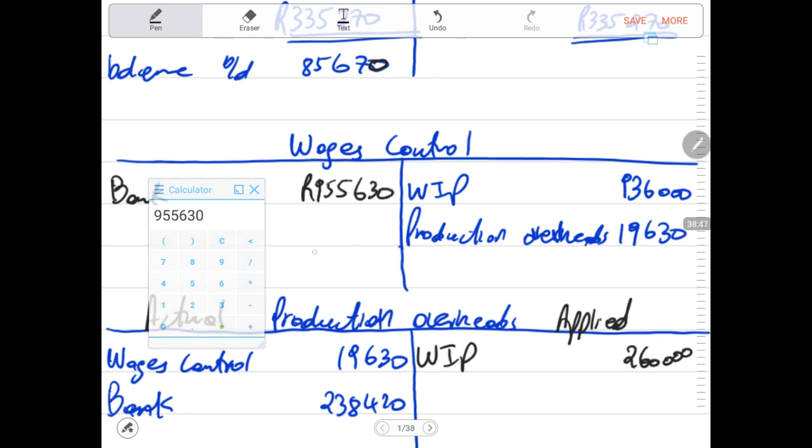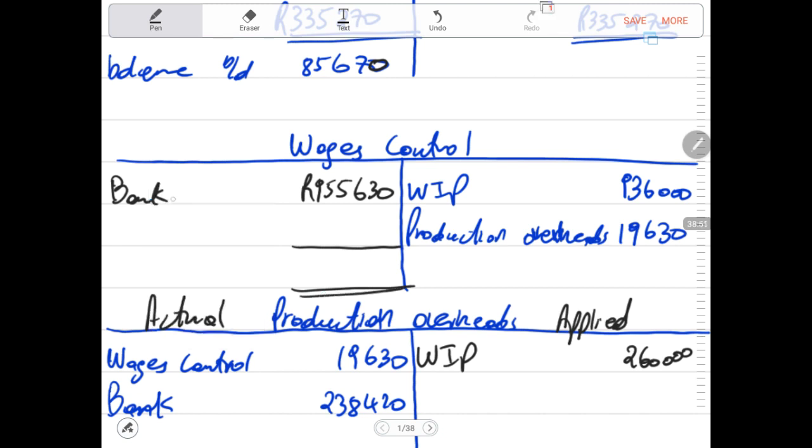This is the amount that was paid in terms of wages. So again, your bank account will have to be credited by the amount that was paid, 955,630.